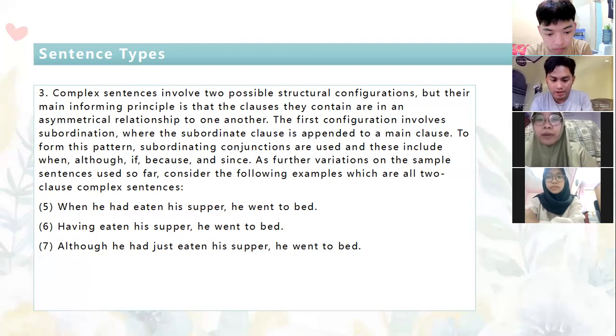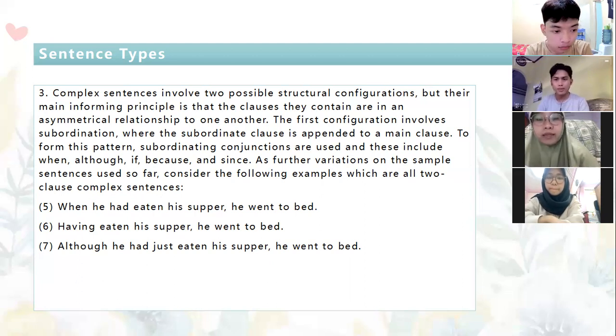To form this pattern, subordinating conjunctions are used, and these include when, although, if, because, and since. As further variations on the sample sentences used so far, consider the following examples, which are all two-clause complex sentences.